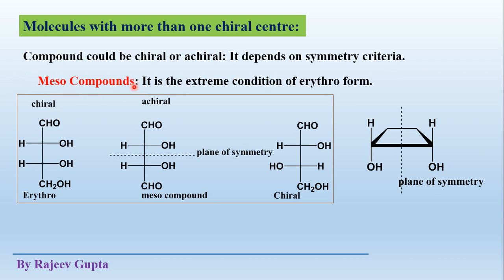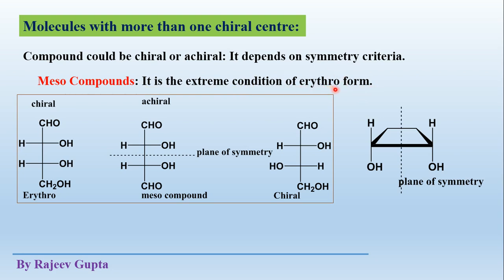So we are considering a group of compounds which are achiral, where the number of chiral centers is more than one. These types of compounds are meso compounds, which are achiral. These meso compounds are an extreme condition of erythro forms.